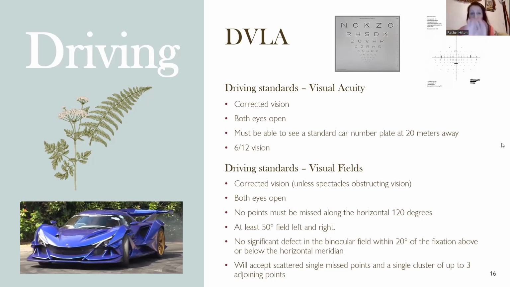However, if you can see across the horizontal, you have that full field of vision, they will take into account that you might miss the odd one or two little spots when they're testing it with the lights flashing up. So it's not a case of if you miss something, they're automatically going to tell you can't drive. I have put on here that it's about clusters of patches of vision loss that they're going to be concerned with, or anything that's sort of in that central area that they'd be worried about.